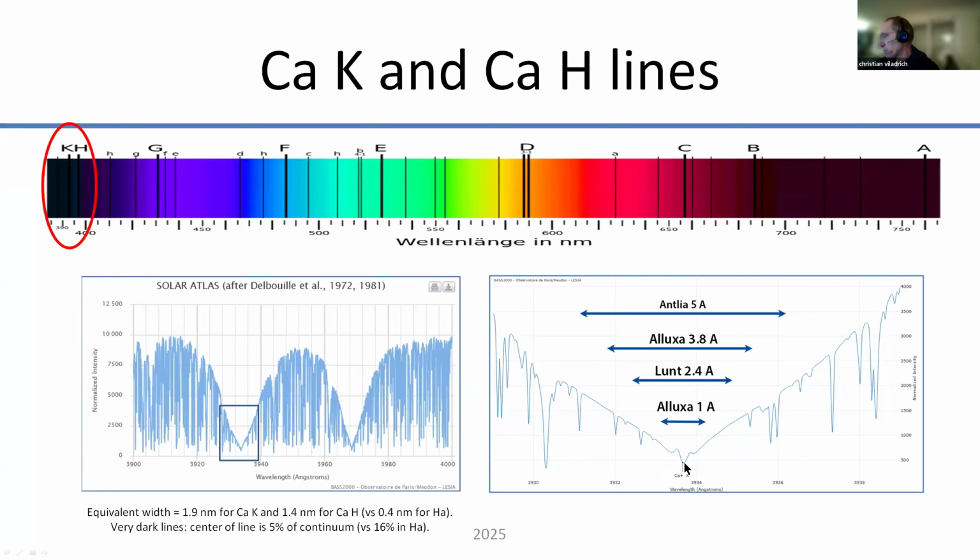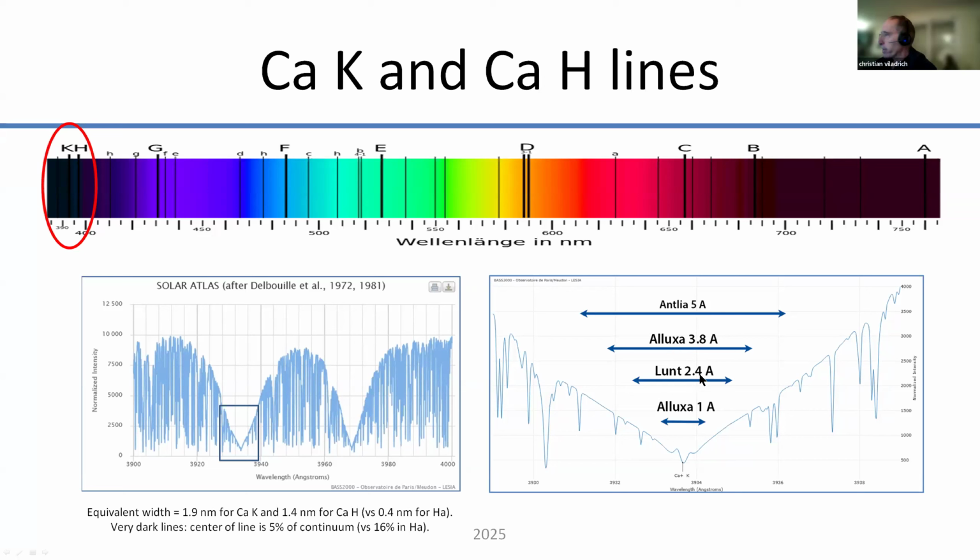This is this one. And we can see that this part, which is very interesting, has a very small bandpass. And if we compare the bandpass of different calcium K filters available: Amplia, which is 5 angstrom. There is one Alluxa, which is 3.8 angstrom.